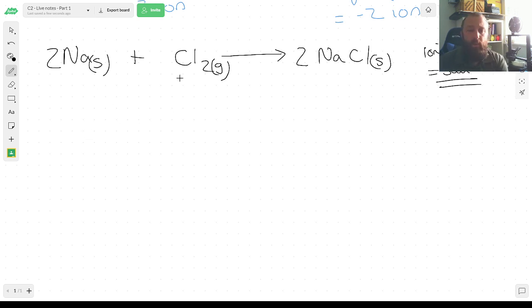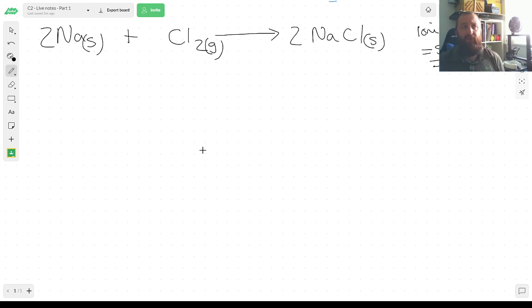Now, when we start drawing these out, we're only going to be focused on the outer electrons. And that's perfectly fine in the exams, because as I said before, we could choose any element in groups 1 to 7, with the exception of group 4, because at GCSE group 4 doesn't form ionic compounds, as we're never sure whether it's going to go positive or negative, because it's already got a half-filled shell.